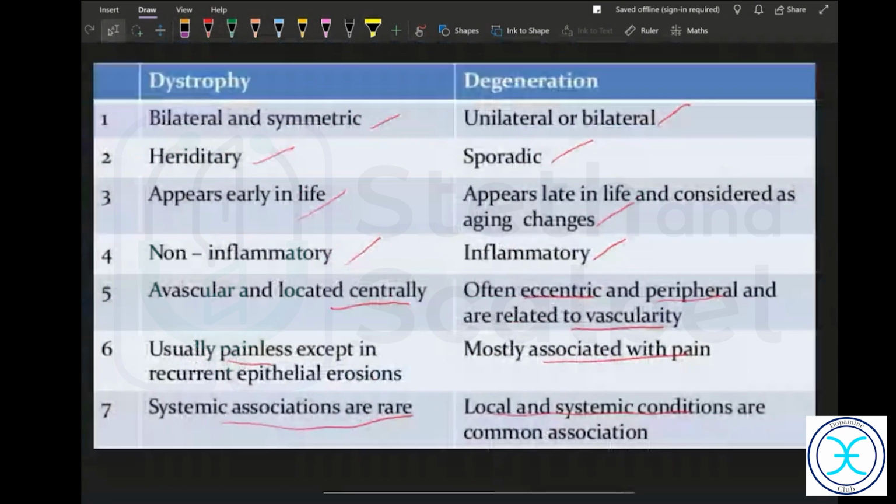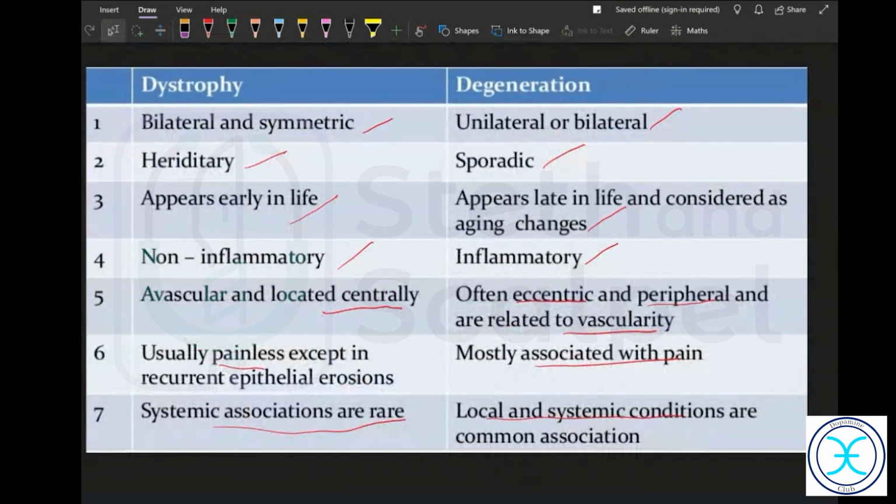I thought this table alone would be useful for differentiating a dystrophy from a degeneration. Dystrophy is a genetic problem, so it is usually bilateral, symmetric and hereditary. It appears early in life, is non-inflammatory, avascular, centrally located and painless. Systemic associations are rare. Everything is genetically determined.